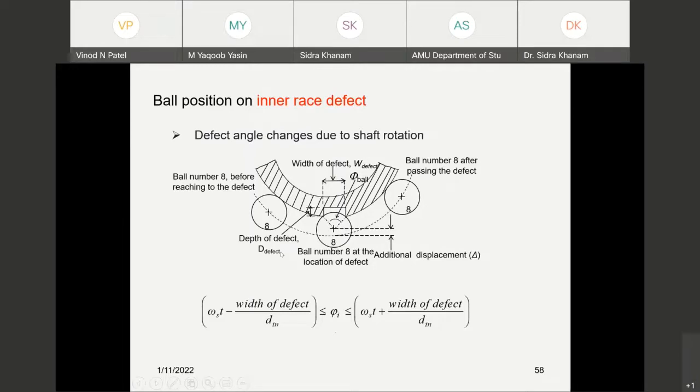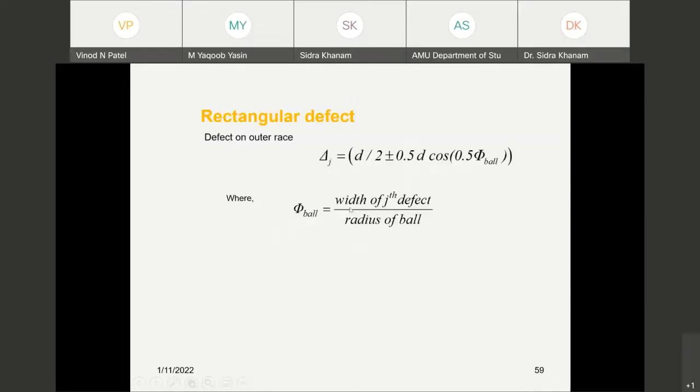If the defect is available on the inner race, some additional deformation can be counted based on this particular value, and it also depends on the depth and size of the defect. As the size of the defect changes, the additional displacement also changes. For a rectangular defect, I have found this equation, and the additional deformation can be computed.